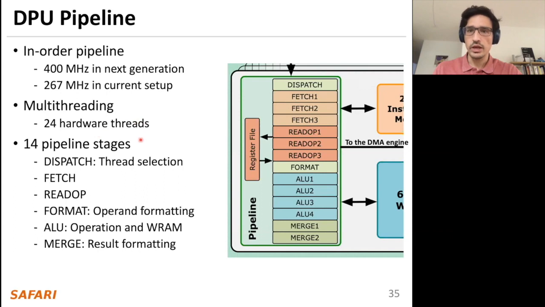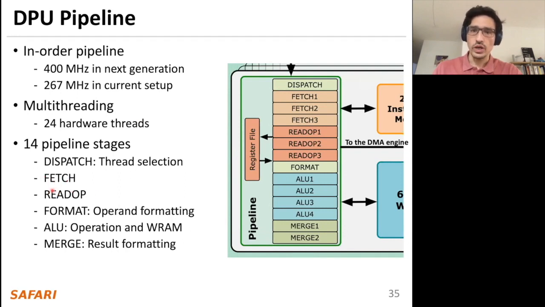There are 14 pipeline stages. As you can see, some of the stages are divided into 2, 3, 4 stages, and you can see the description of each of the stages here. For example, the first one is the dispatch, when we select the next thread that is going to be launched onto the pipeline. Then we fetch the corresponding instruction.